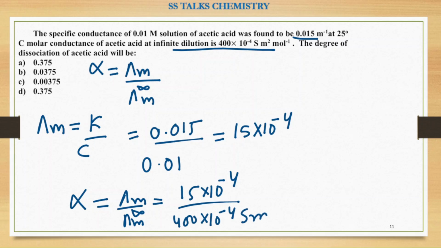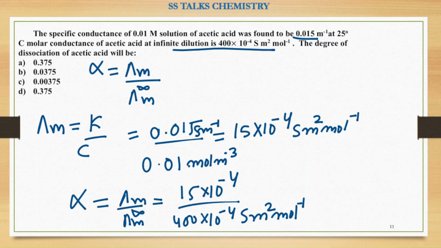Units are the same, Siemens meter square per mole. Here also the molarity was given as mole per meter cube, and the kappa units were Siemens per meter. So when you solve it, you get the units as Siemens meter square per mole.